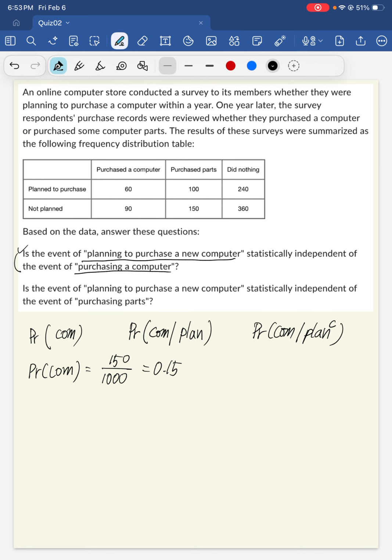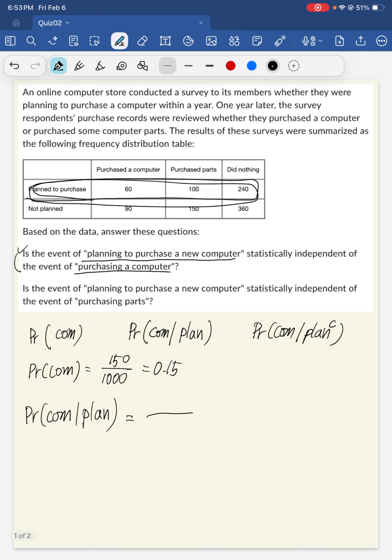Okay. And now, given that a customer planned to purchase a computer this year, how many actually purchased the computer? So the condition is planned to purchase a computer. So the first row is what we are interested in.